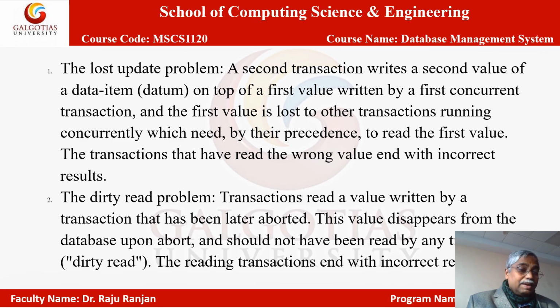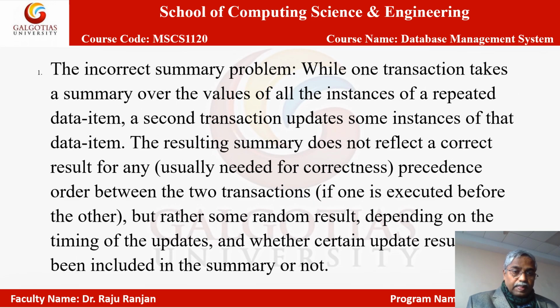So the balance again becomes 600, but the second transaction has already read the value 500. So it will update upon the value 500 and not the actual value 600. This is called the dirty read problem. So the reading transaction ends with the incorrect result.